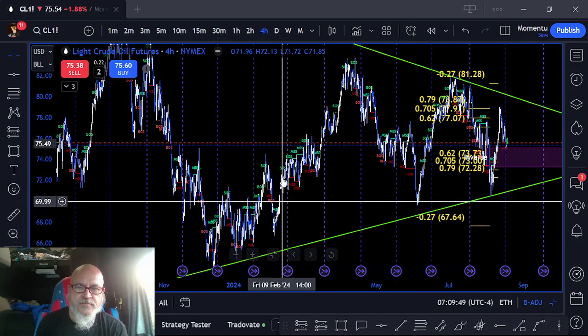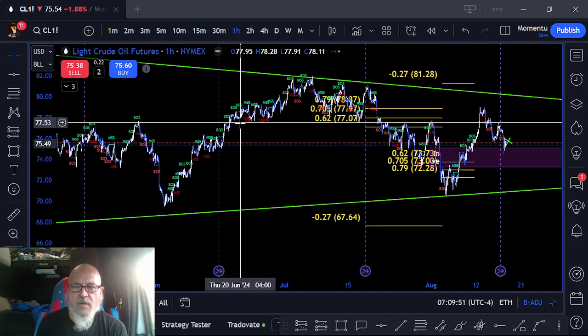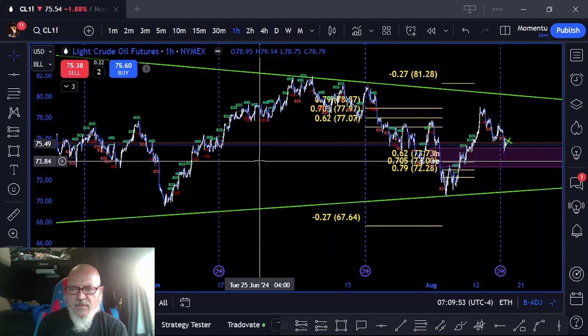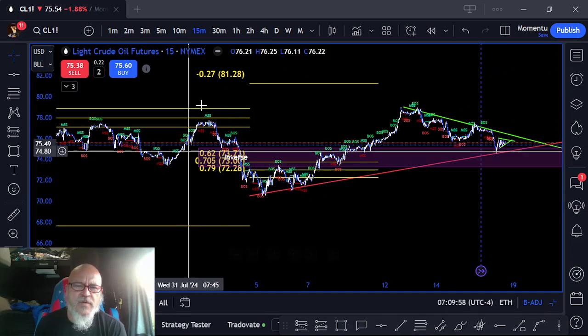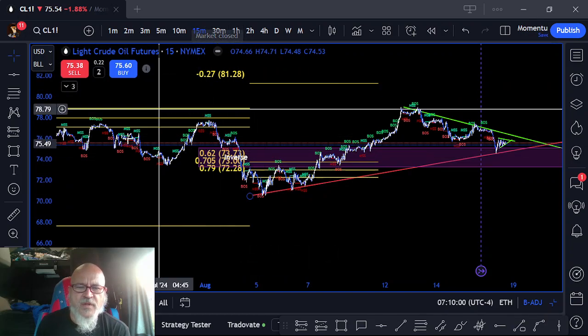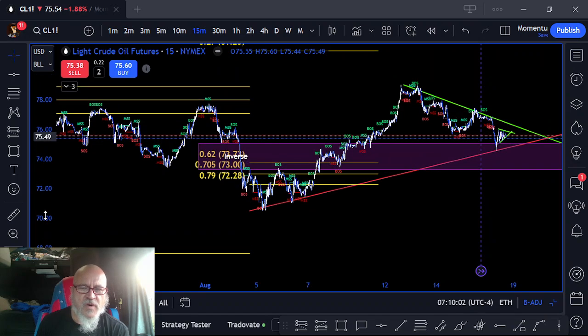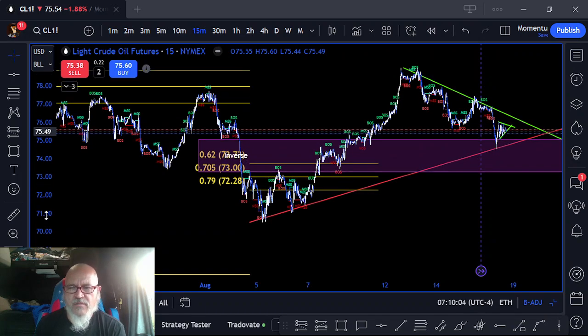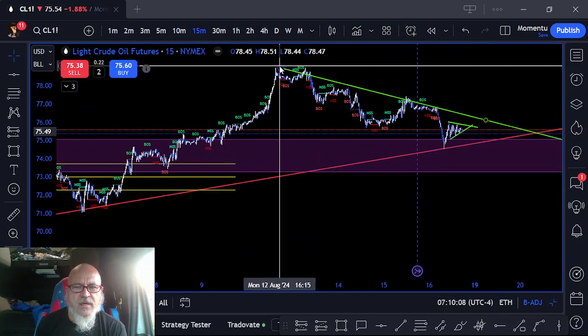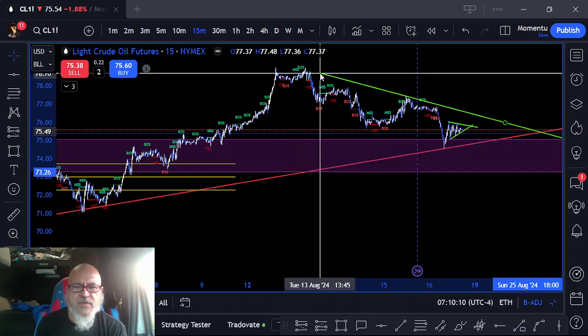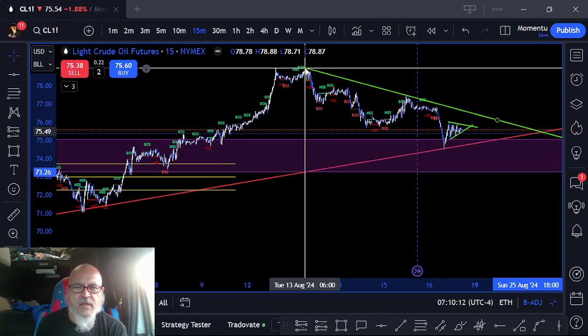So, what are we doing on the 15? For compressing price, I want to take a quick look at the 15 and see what we're doing there. And actually, I want to move this one to right here.